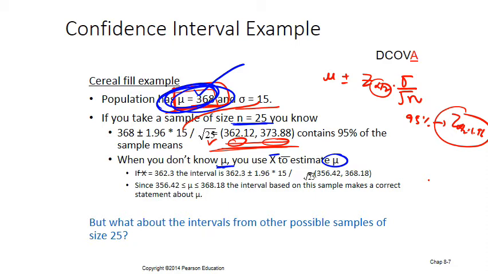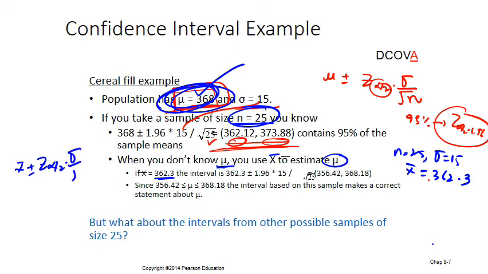So we take a sample of 25, we are given sigma 15. From this sample we calculate the sample mean, and let's say it's 362.3.